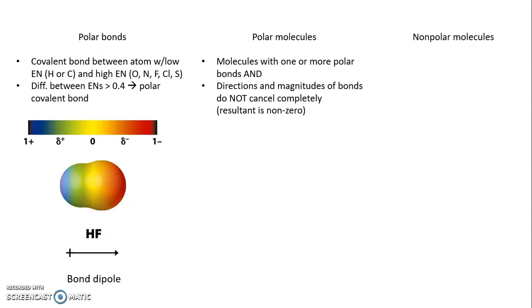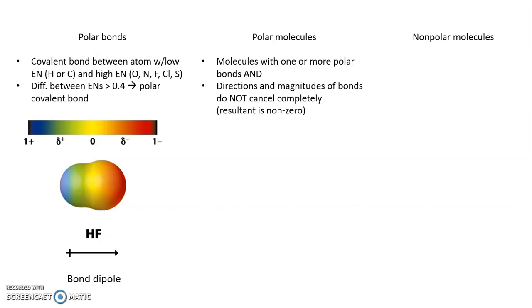That's when we talk about vectors. A vector is a magnitude and a direction, and when you add those using a mathematical method called vector addition, they can partially cancel, or they can add to each other so it gets bigger. That result is called a resultant, and it can't be zero if a molecule is going to be polar.